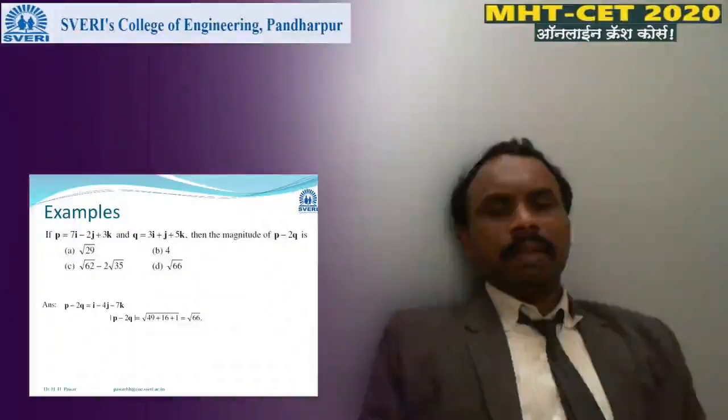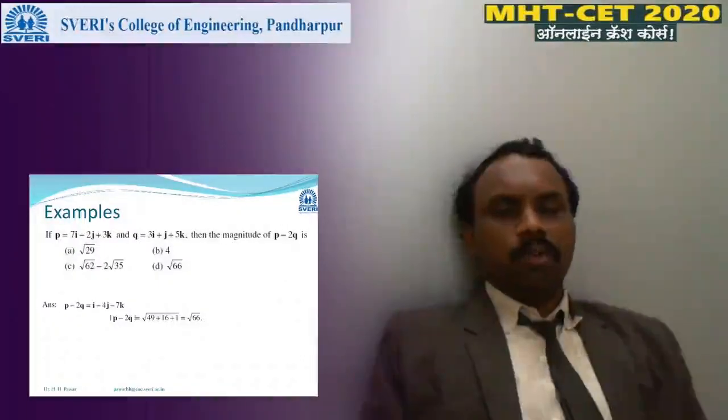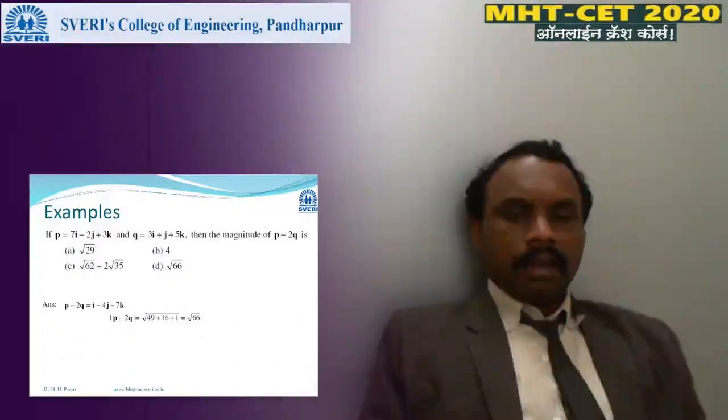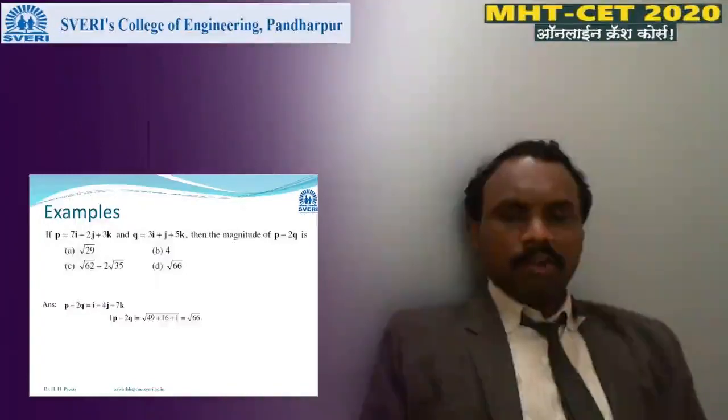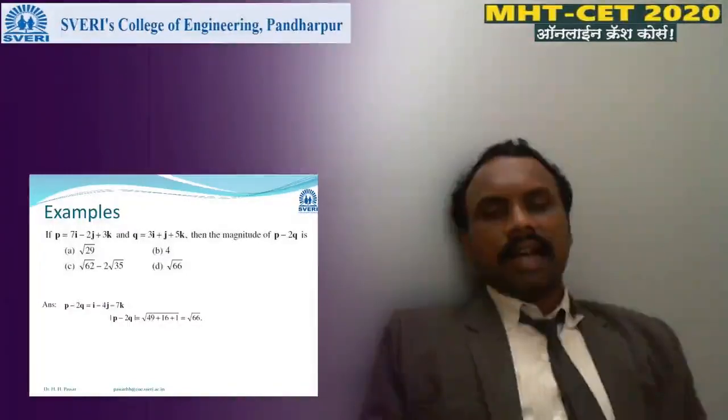Now, for finding the magnitude of P minus 2Q, first find out the vector P minus 2Q. By putting the respective values of P and Q, we'll get i minus 4j minus 7k.